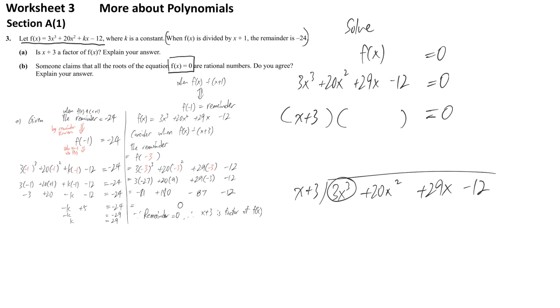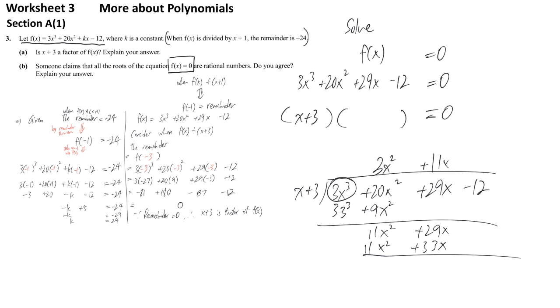So 3x to the power 3 divided by x gives 3x squared. No remainder. That means it should be consistent with our calculation. There should be no remainder, otherwise it's not a complete factorization. So the other factor is 3x squared plus 11x minus 4.